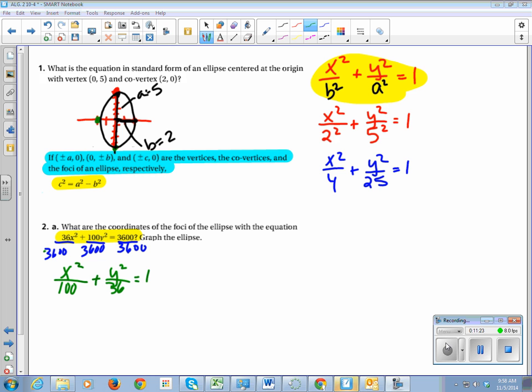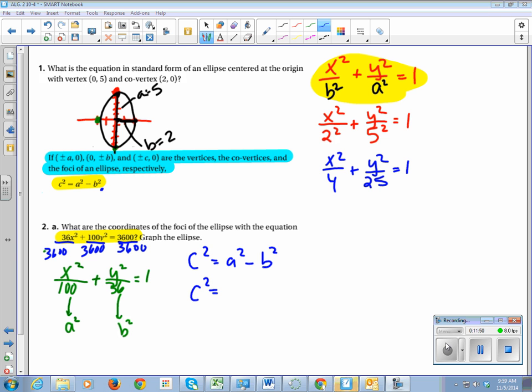I'm looking, x is my major axis. So this is going to be a squared and this is going to be b squared. Whichever one's bigger gets to be a. So then I'm going to take this equation here, c squared equals a squared minus b squared, and I'm going to plug in.